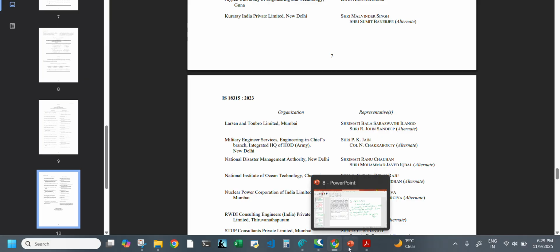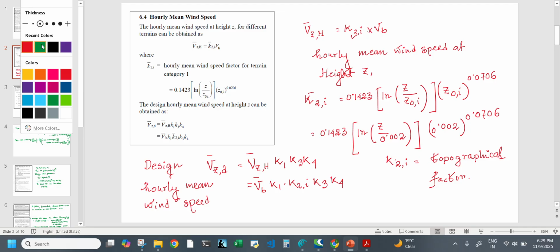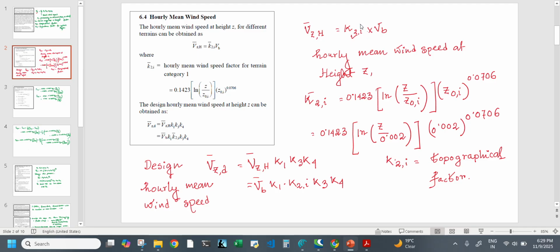Now come to the main part. The hourly mean speed at a height z for different terrains is calculated by Vz,h = Vb K2,i. K2 is the terrain category factor, and you can easily remember the values.